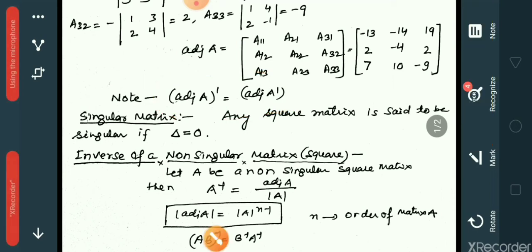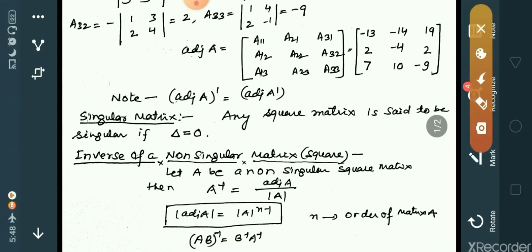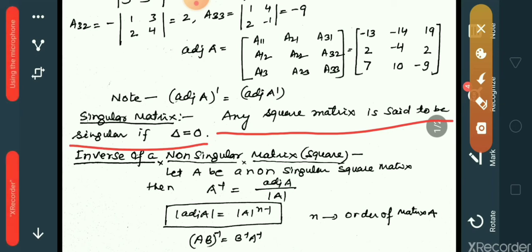Now singular matrix. Any square matrix is said to be singular if its determinant is 0. It is very important, because if a matrix is singular, then you cannot find the inverse of that matrix. I repeat, if a square matrix is singular, then you cannot find its inverse.